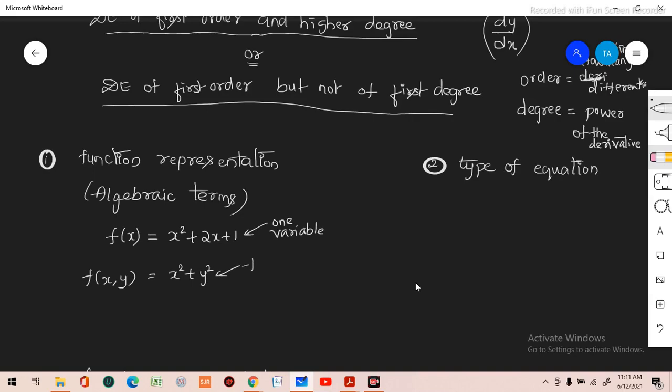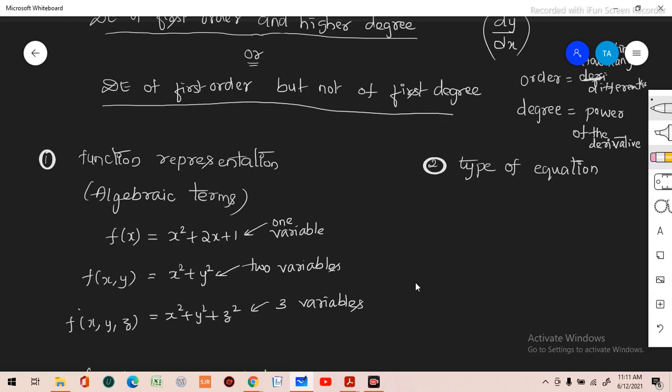Here I have two variables. Similarly, if I have x square plus y square plus z square, how should I represent it now? F of x comma y comma z. Now how many variables? Three variables. This is the first point.